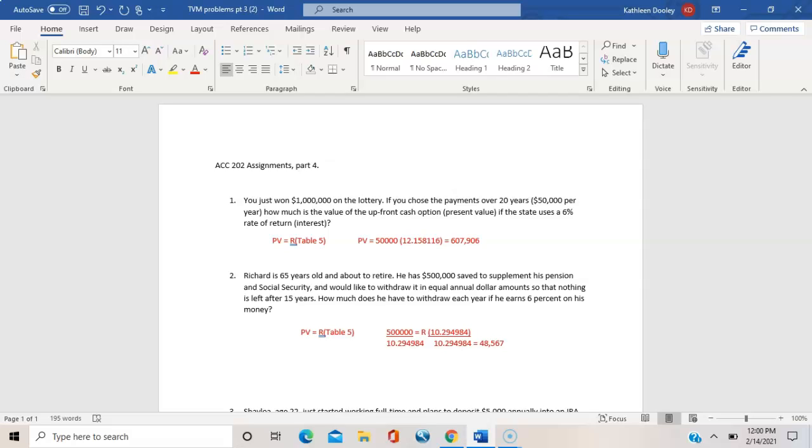Okay, so he can take out $48,567 each year for 15 years, and then at the end he will have zero left.